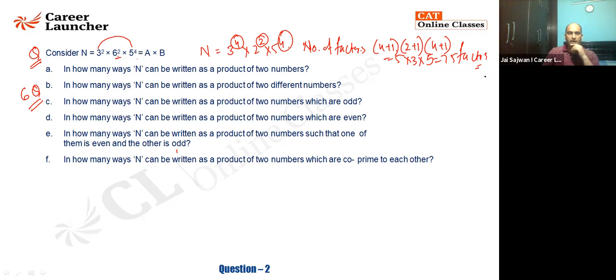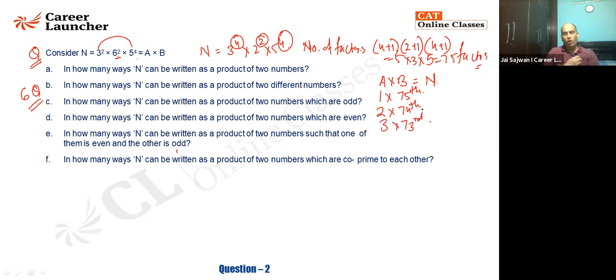How many ways can you write it as the product of two numbers? Now I'm saying A into B is equal to N. So can I say how many pairs will be there? If one number is 1, the second will be the 75th number. If one is 2, the second will be the 74th number. If one is 3, then it will be the 73rd number.